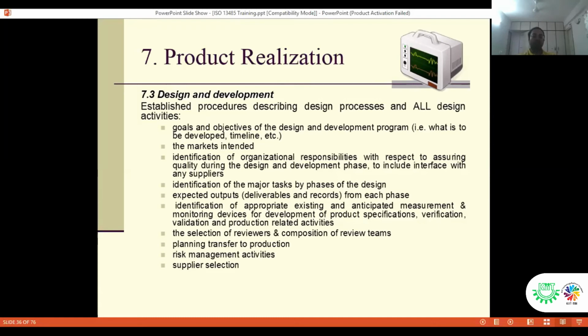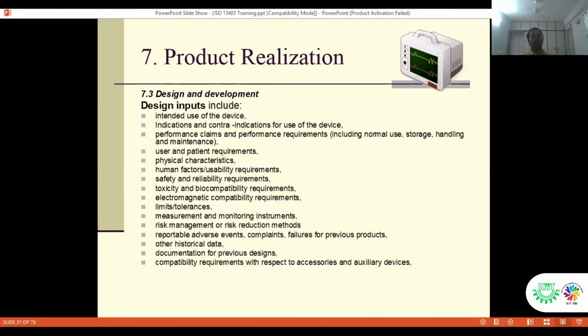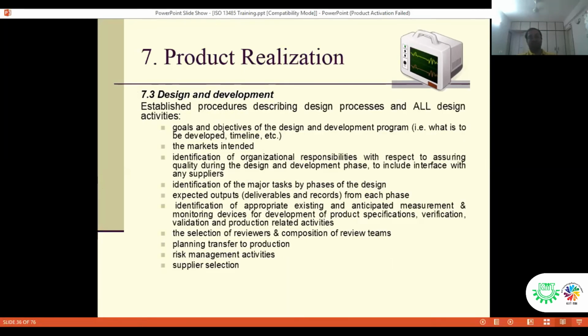I am just giving you a brief overview. In the next session, I will talk in depth about design and development planning.